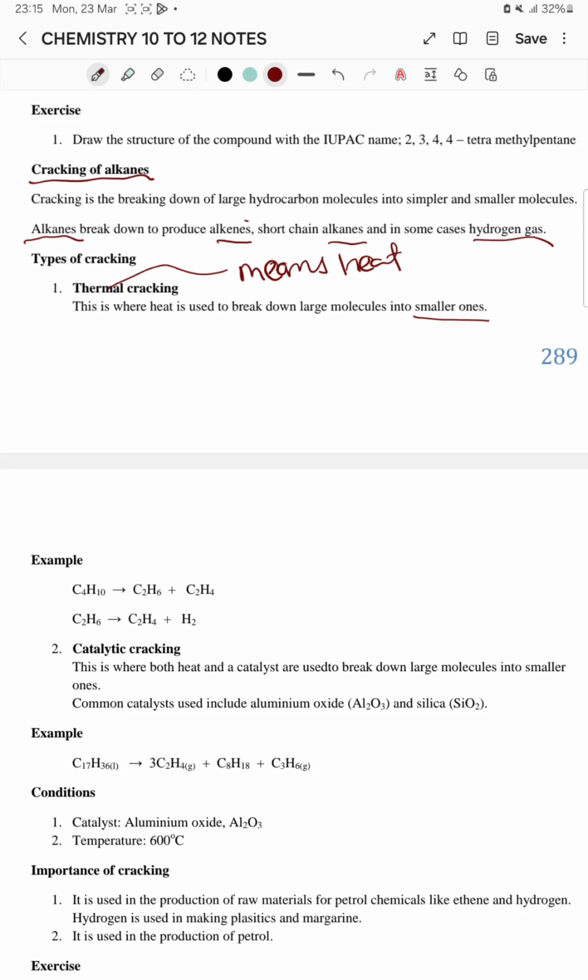Therefore, we can now look at an example. This is 4 carbon atoms. Since we are dealing with alkanes, this is going to be butane. Then when you break butane using heat, I'm going to use delta, you're going to form this one here, C2H6, which is going to be ethane.